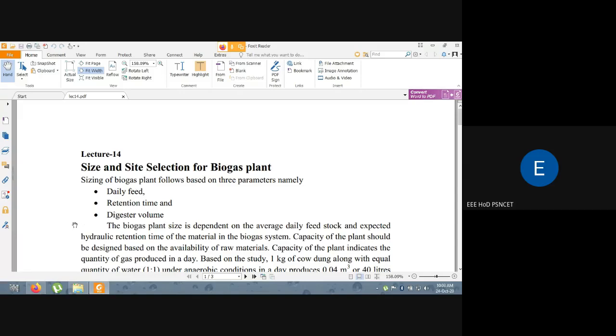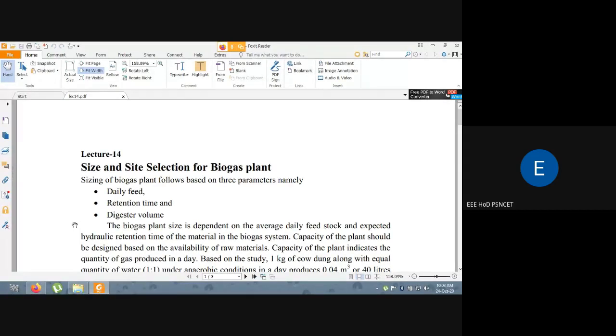Okay, so the size of the biogas plant highly depends on the average daily feedstock. The capacity of the plant should be fixed on the availability of the raw material. Raw materials means cow dung, plant waste or any other animal waste.